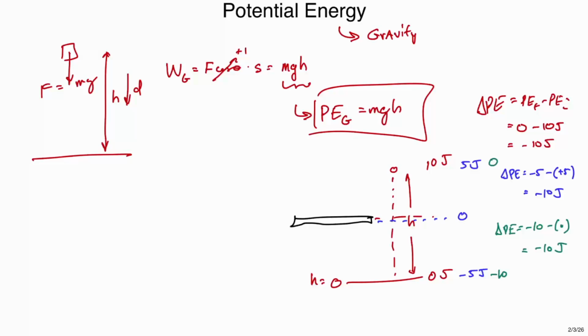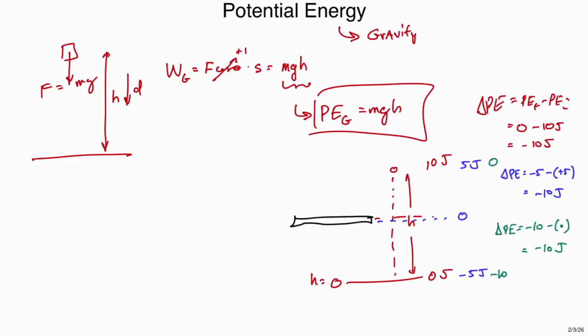Other thing to notice. The change in potential energy was negative, right? We keep getting negative 10 no matter where we choose 0. But what kind of work, positive or negative, did gravity do? Did positive work.